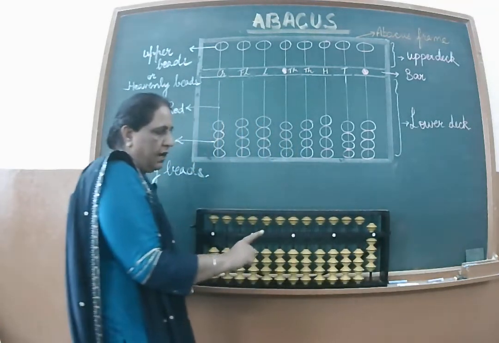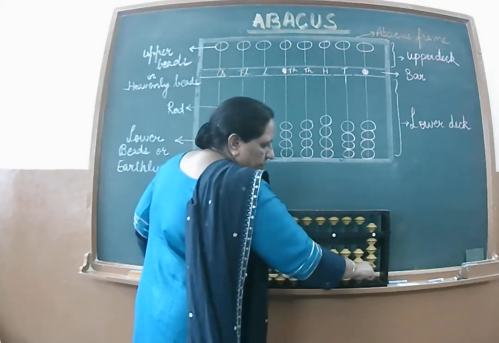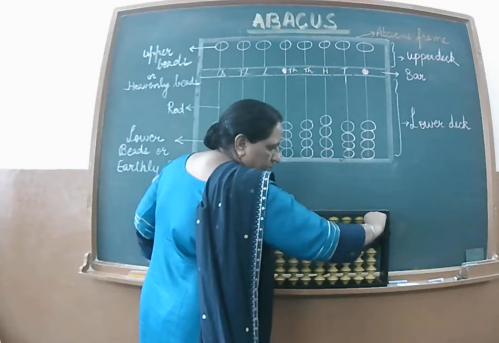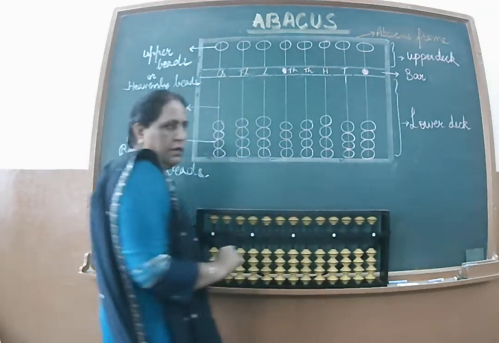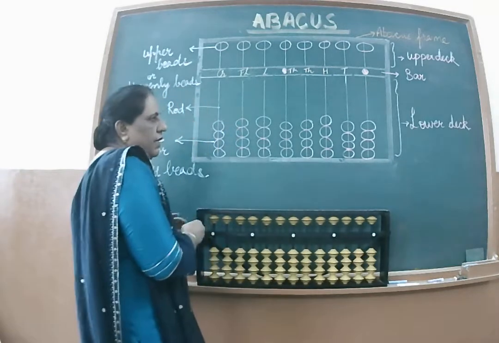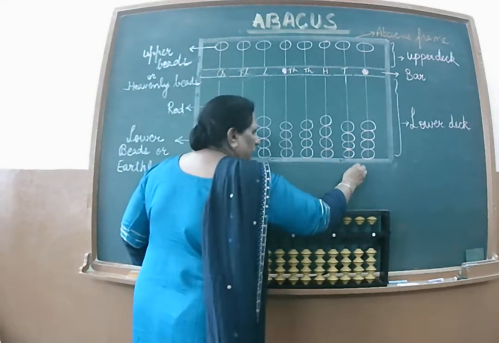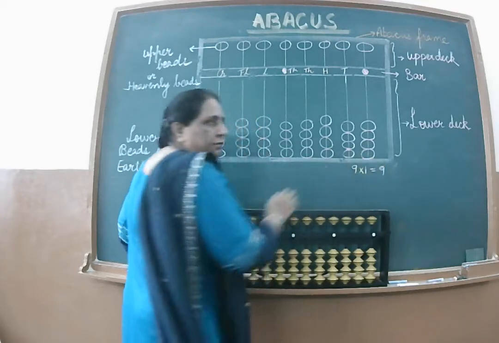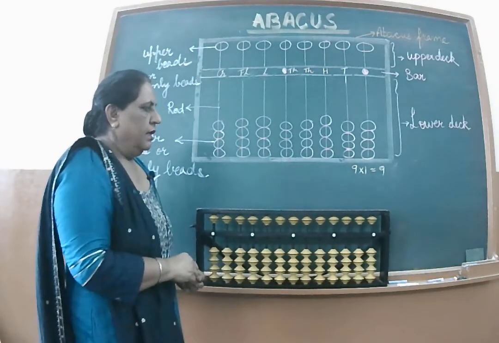For the lower beads, 1, 2, 3, 4 and 5. Okay beta. At ones place or unit place, 9 into 1 is 9.